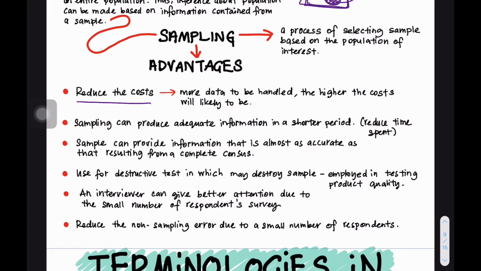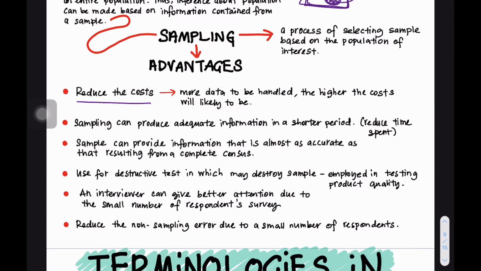If we want to do a census survey, which is study all the members in the population, we need more time because it involves a large number of members. Okay, so bila kita buat sampling, of course kita akan dapat information yang kita nak in a short period of time, so it will reduce time spent. Okay, in term of time consuming, bila kita buat sampling, kita akan lagi jimat masa compared to population.